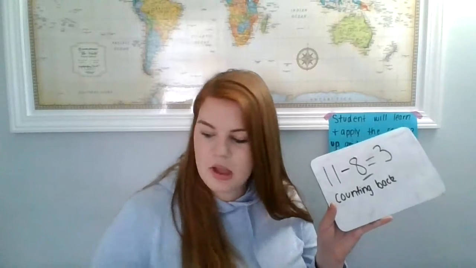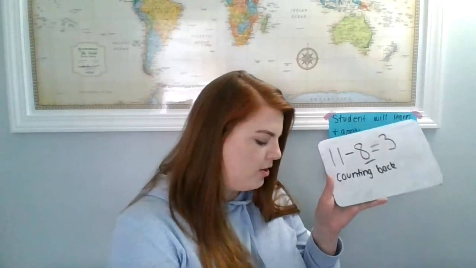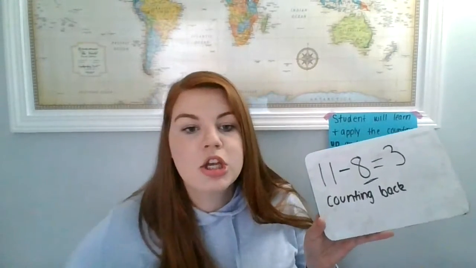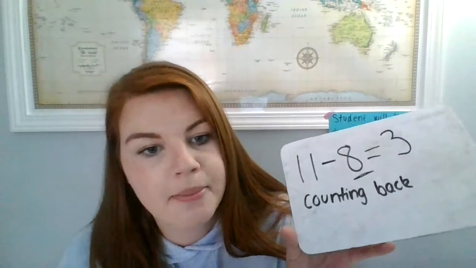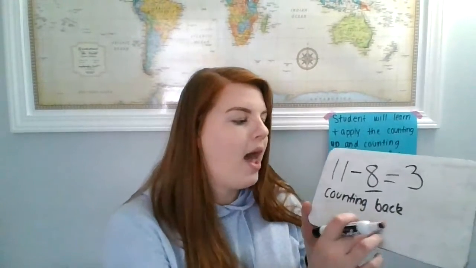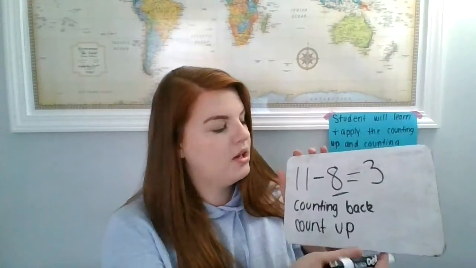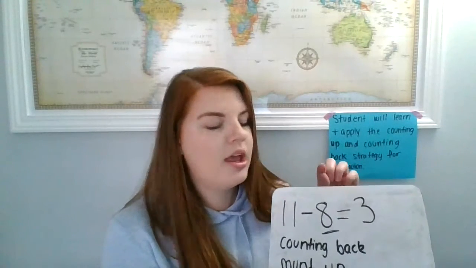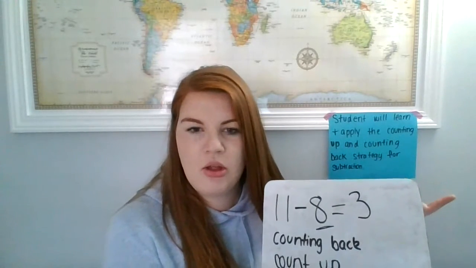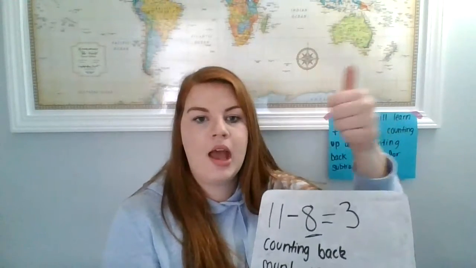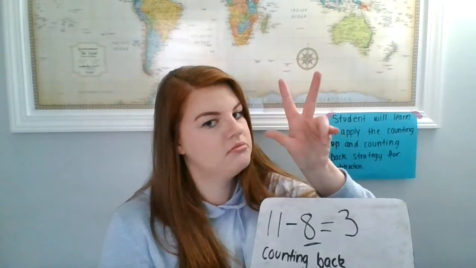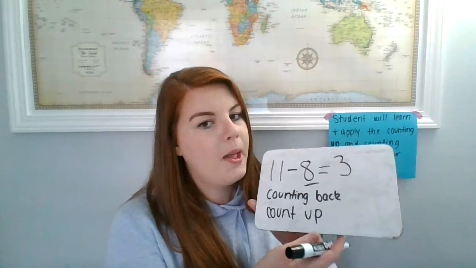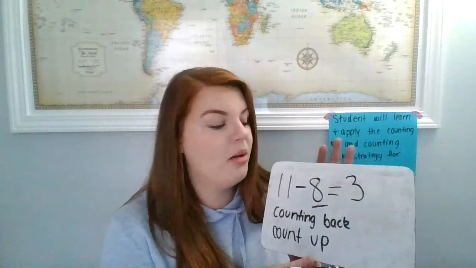So now what I want you to think about is instead of looking at this problem and thinking, oh, I must start at 11 and I must hop back 8 to count back, I want you to think how you could count up. So instead of starting at 11 and doing 8 hops backwards, we could start at 8 and count up to 11. Let's see how long that takes. 8, 9, 10, 11. Got the same answer of 3, but I only had to count up 3.